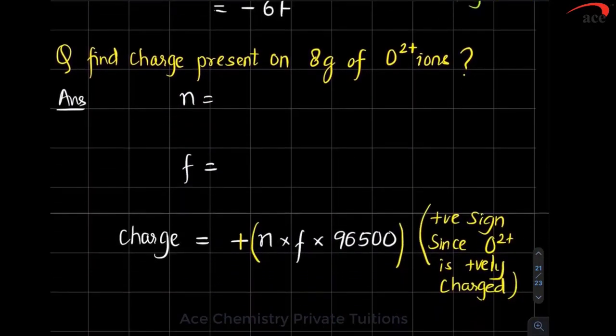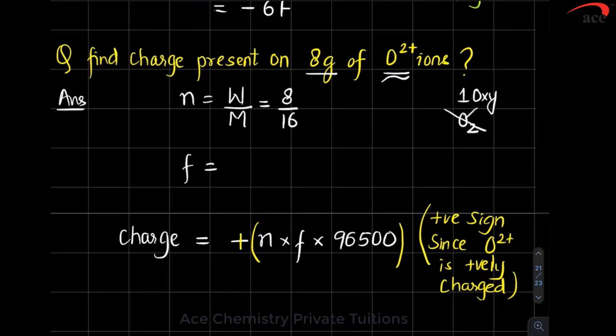Find the charge present on 8 gram of O2 plus ions. First, you should know what the moles are. Take the mass and divide by the molar mass. Mass is 8. And what is the molar mass for 1 oxygen? For 1 oxygen, the mass is 16.